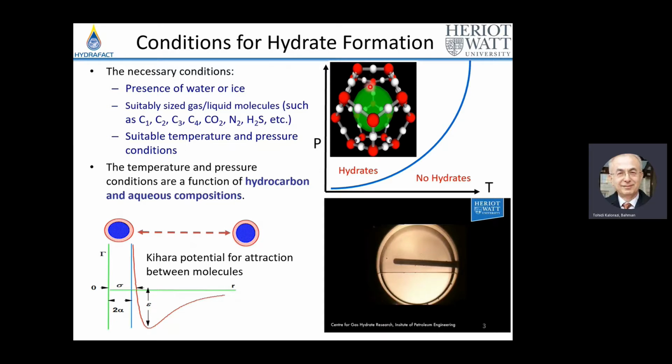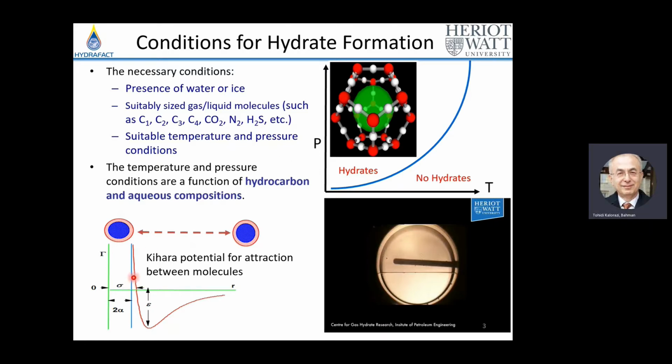How far they are from each other is mainly a function of the size and shape of the molecules. So if the molecule is very small, like hydrogen, they are far away and they don't have a lot of attraction. But if the molecule is too big, they will fall here.